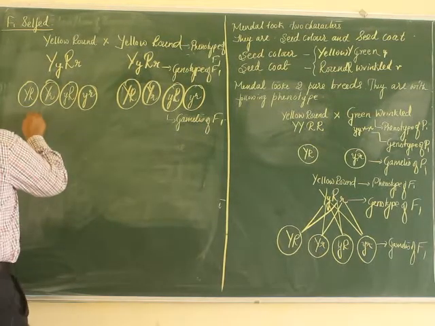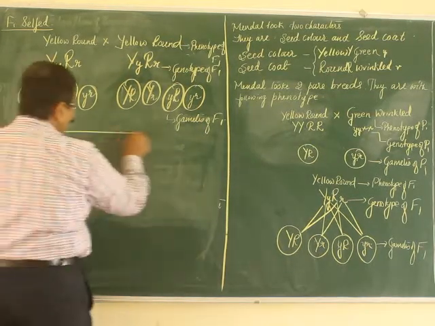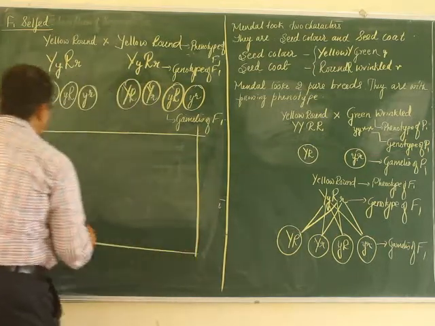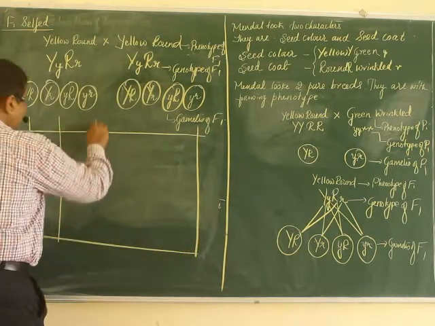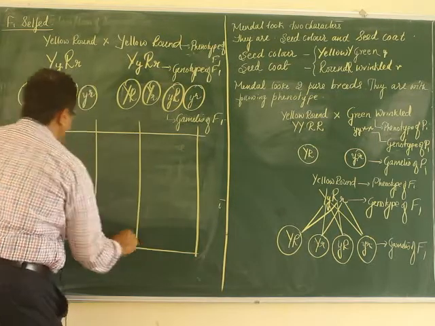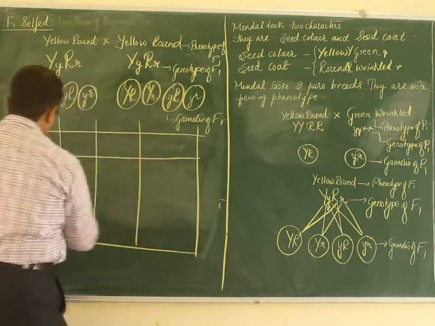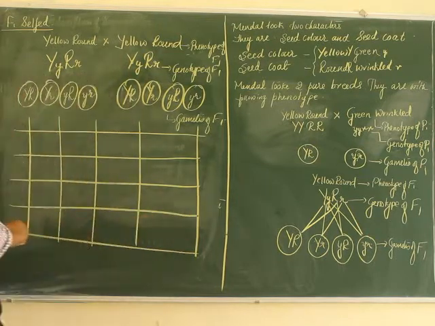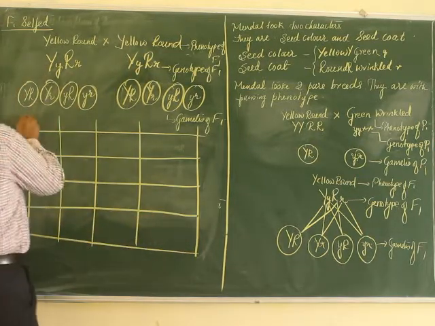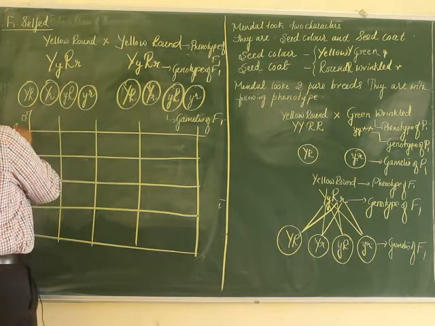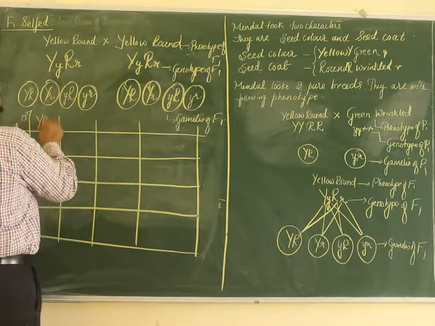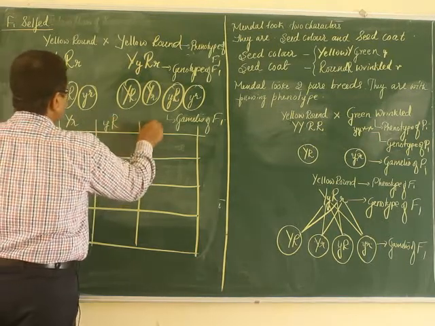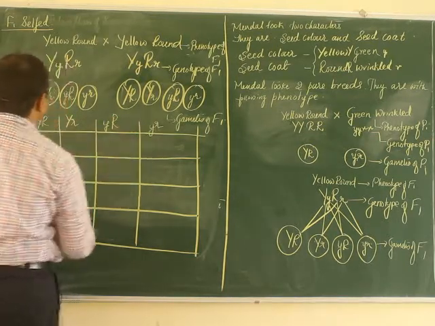And if I put that in a Punnett square or checkerboard, what am I going to get? 1, 2, 3, 4. Here 1, 2, 3, 4. Male gametes I will write here, female gametes here: capital Y capital R, capital Y small r, small y capital R, small y small r.